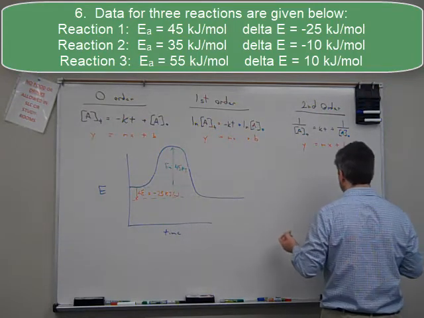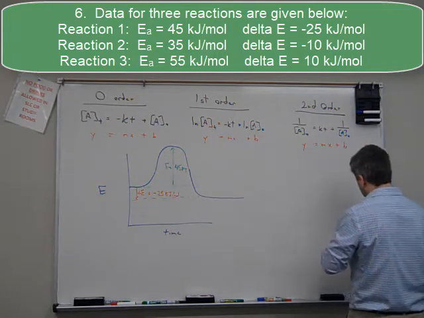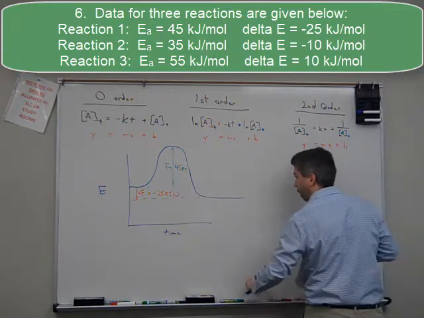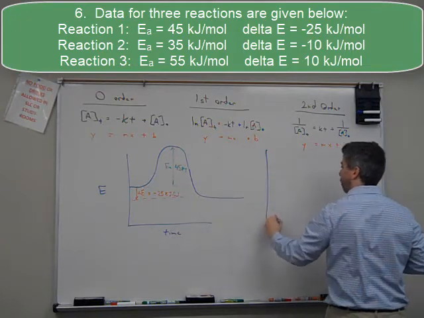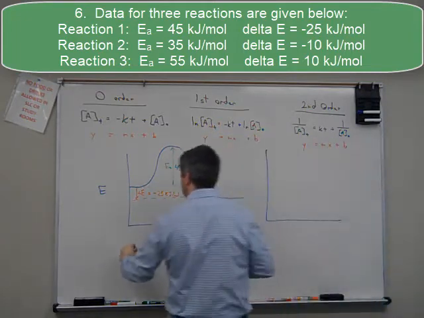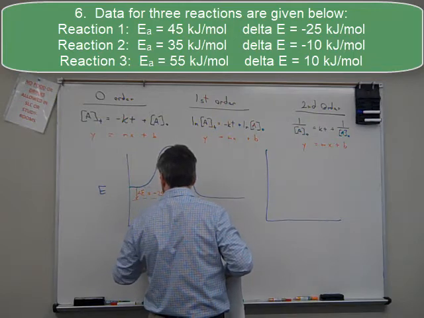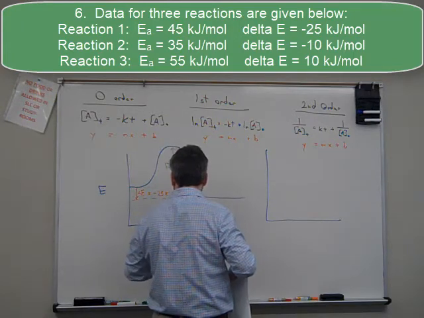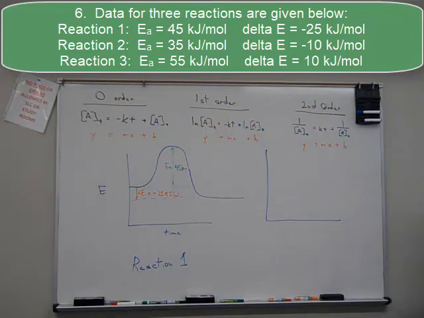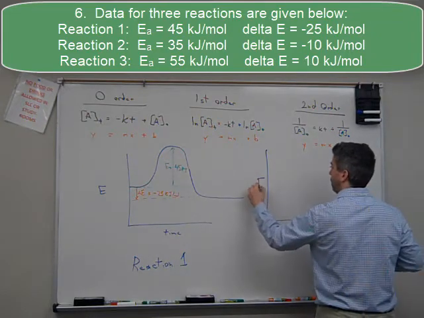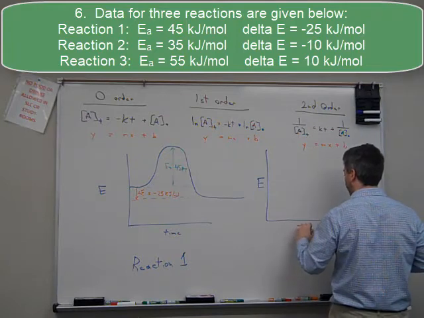Well, so now let's draw another one for reaction 2. So this was reaction 1. So we go to the top, right? No, not reaction 1, reaction 2. Oh, never mind, I got confused with the third. Okay. So here's another energy, here's another time.